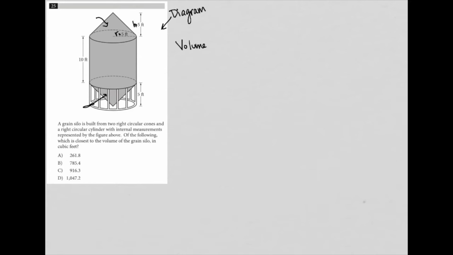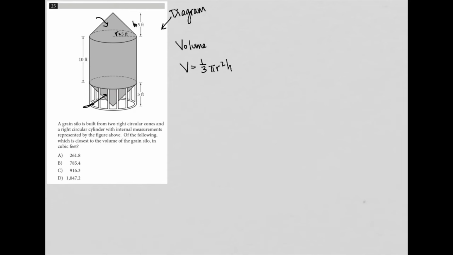And we know that this grain silo has 2 right circular cones and a right circular cylinder. So how do you find the volume for a cone? Well, the volume for a cone is the formula V equals 1/3 pi r squared h.